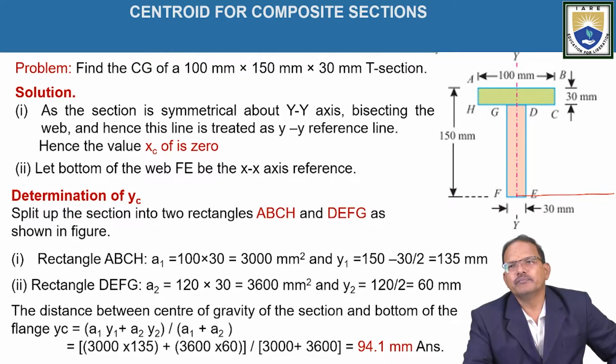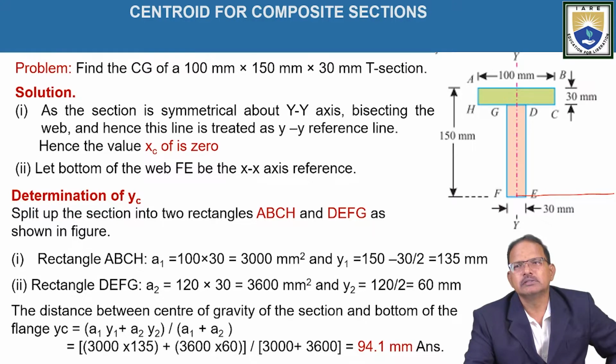If the object is unsymmetrical, generally one reference line is the bottom of the figure in the horizontal direction, that is the x-axis, and one more line passes through the extreme left of the object and perpendicular to the x-axis. But here it is symmetrical about the vertical line. Hence we have taken the vertical line as the reference line on which the center of gravity lies.